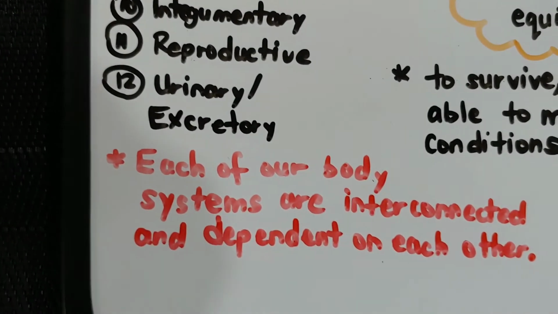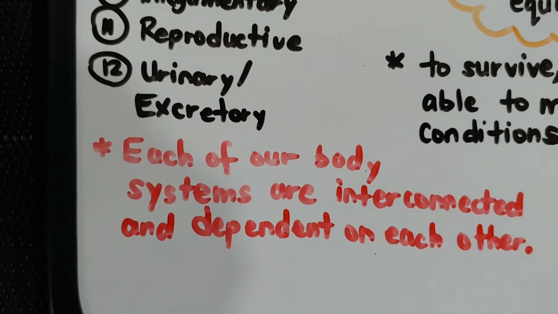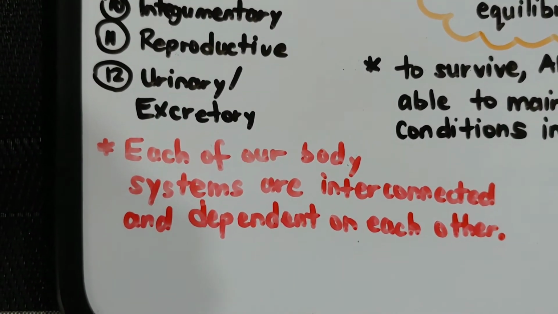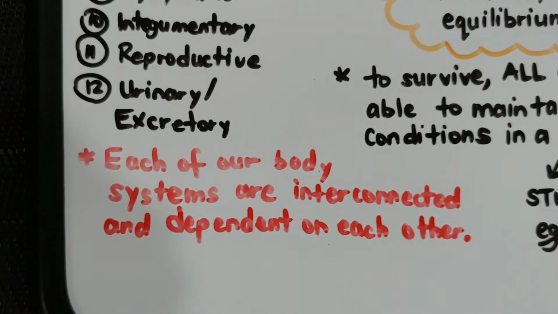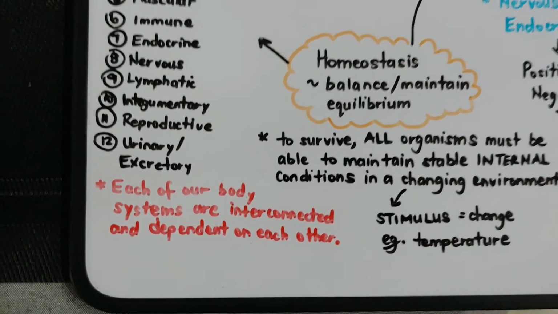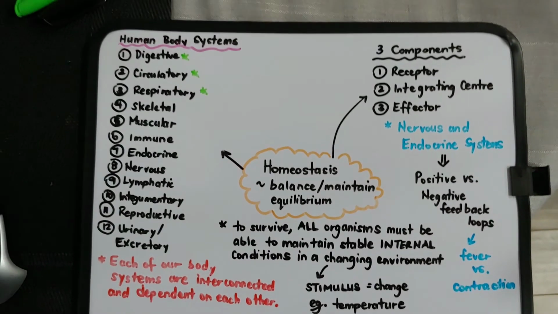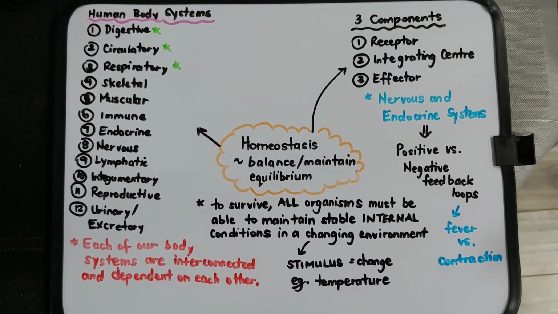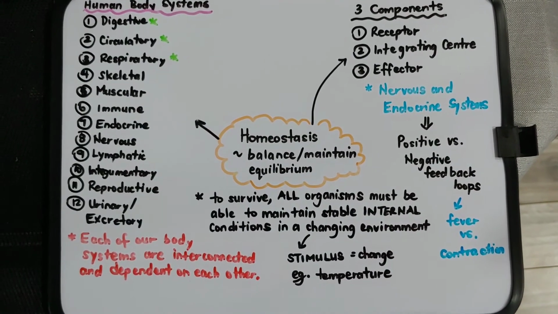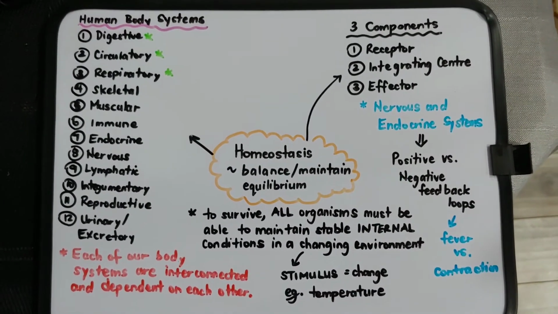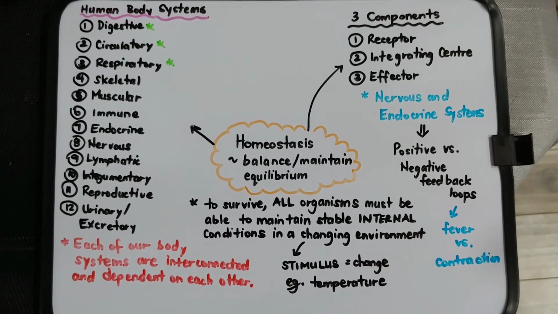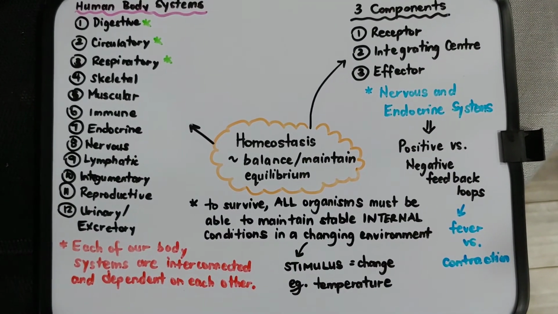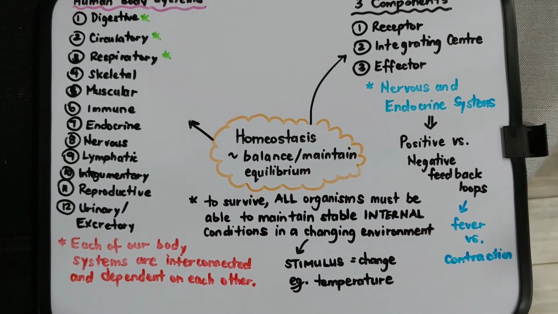But the main idea here is to understand that each of our body systems is interconnected and dependent on each other. So this is a brief overview of homeostasis and how certain body systems work together in order for all humans, all organisms, to survive. So it doesn't matter if you're a bee or a beetle, if you are a snake or a reptile, if you're a human being, cat or dog, or a bear.